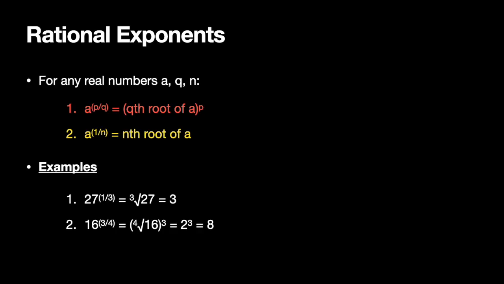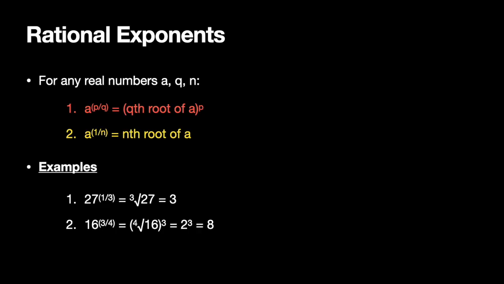So the qth root of a, or the third root of 27, can simply be written in this form, and all raised to the power of p, which in this case is just 1, which doesn't change our expression at all. So the cube root of 27, or the third root of 27, is equal to 3.